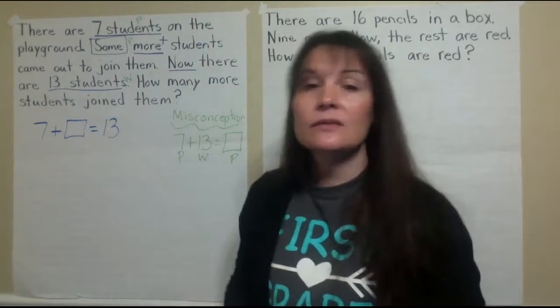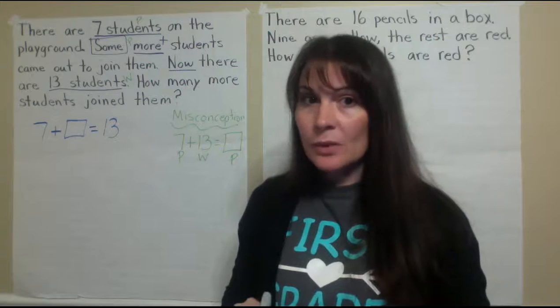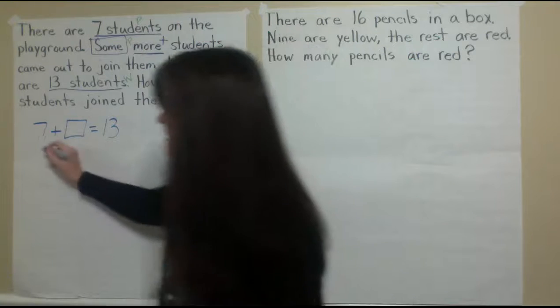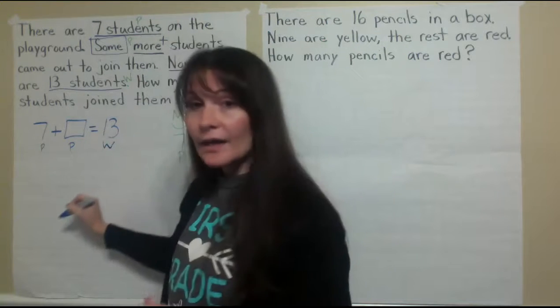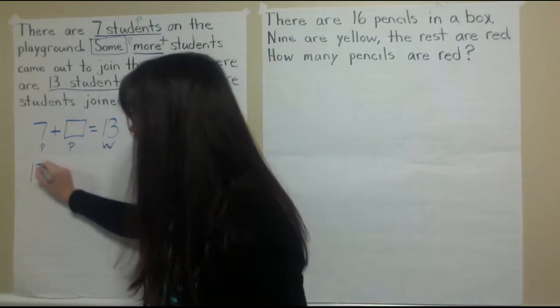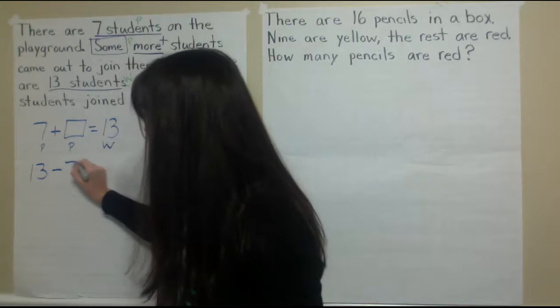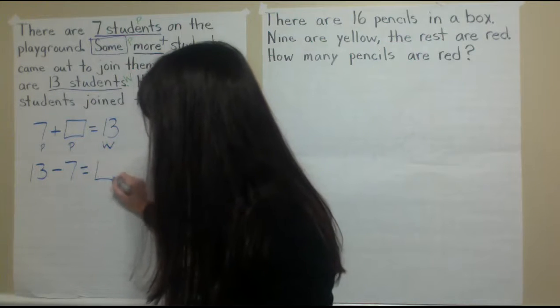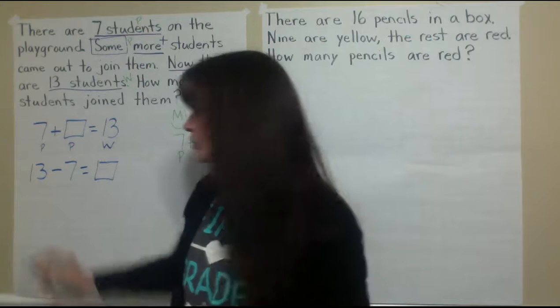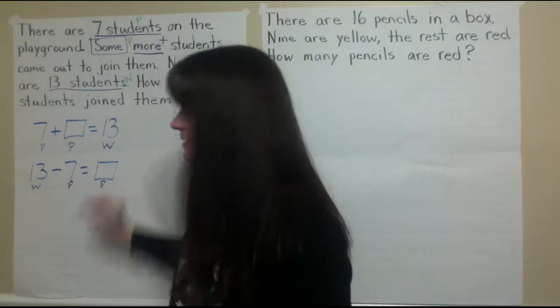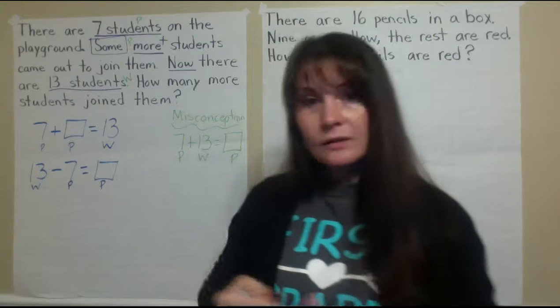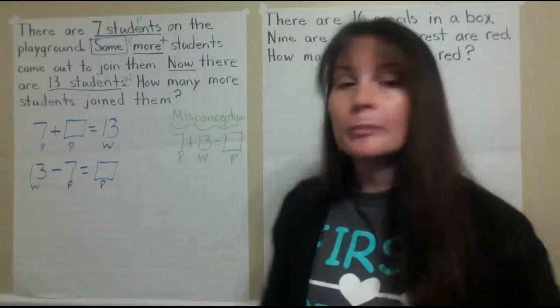I could also think of a subtraction problem that could help me as well. This is a part, and this is my whole. I could say 13 minus 7 equals my missing part, because I can take my whole minus a part to get the other part. Let's look at some models that might help us.